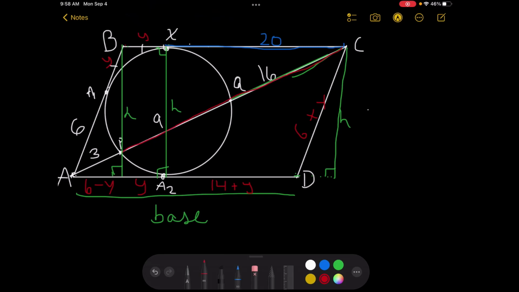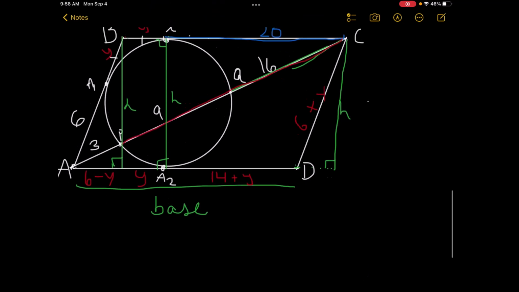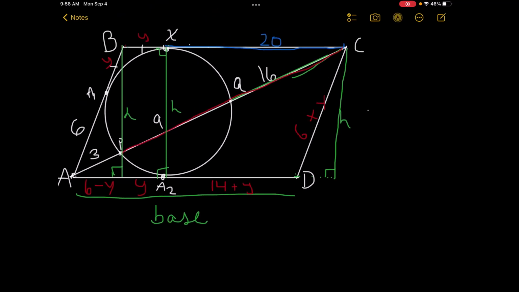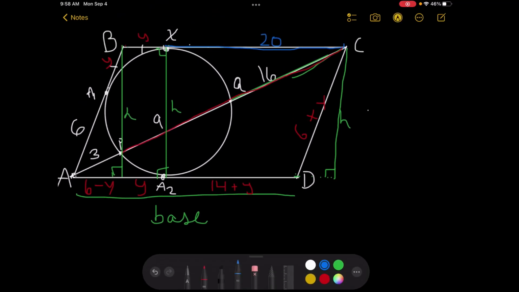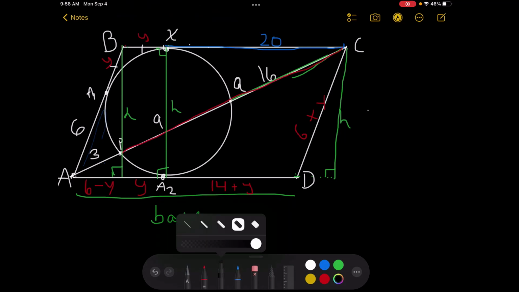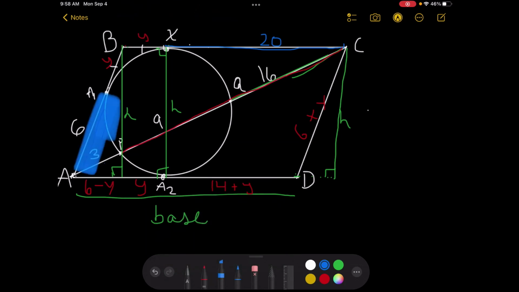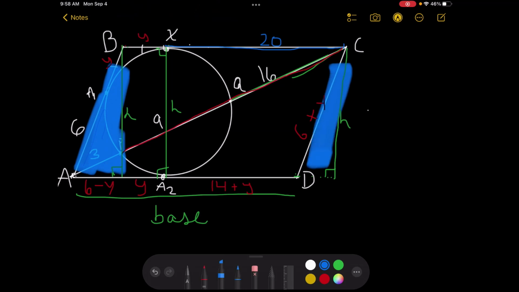Well, whoa, would you look at that? I see congruent triangles. Let me highlight. This triangle and this triangle are congruent by HL theorem.